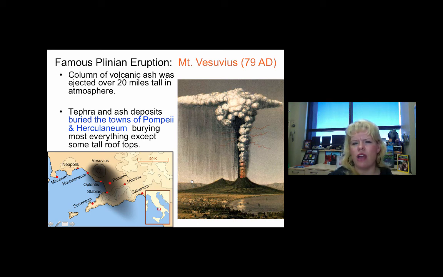So Pliny the Younger actually wrote a manuscript that was discovered, and because it was so accurate with drawings like this one right here about how the volcano behaved, how tall the ash clouds were, we as volcanologists, we as geologists, gave him the credit for the name of the most explosive of all eruptions, Plinian.